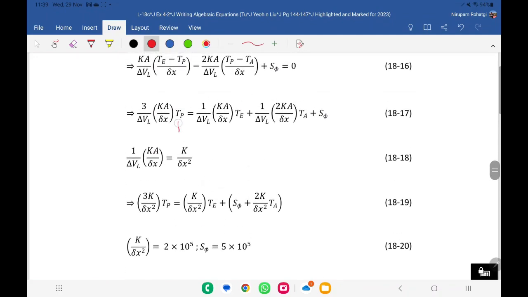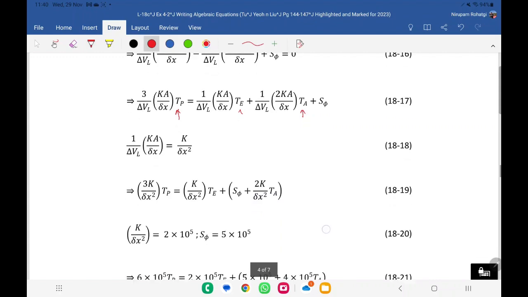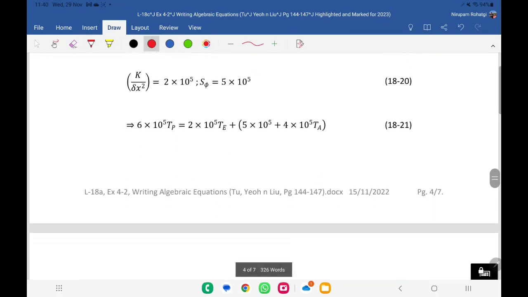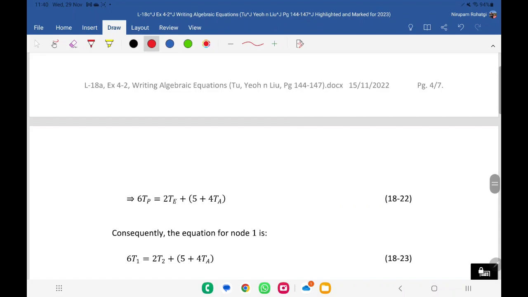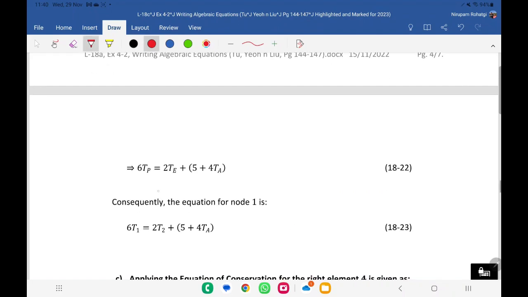Tp you are bringing on the left side, then Te on the right, and Ta on the right. Okay. Tp, Te, Ta. And finally Tp, Ta, and what will happen? Your Tp is 0.2. Now this is the equation you get.